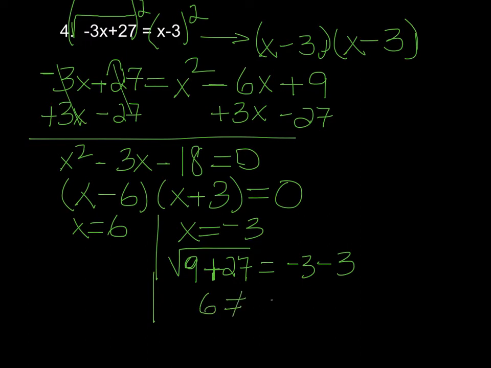However, that does not equal negative 3 minus 3, which is negative 6. So, therefore, x equals negative 3 cannot be an answer, and x equals 6 is an answer. So, check it, you'll see, and it'll be choice 3.